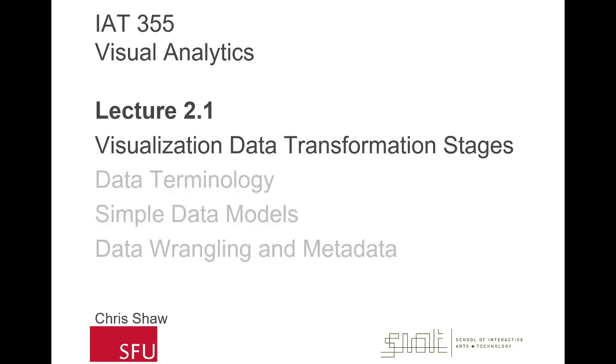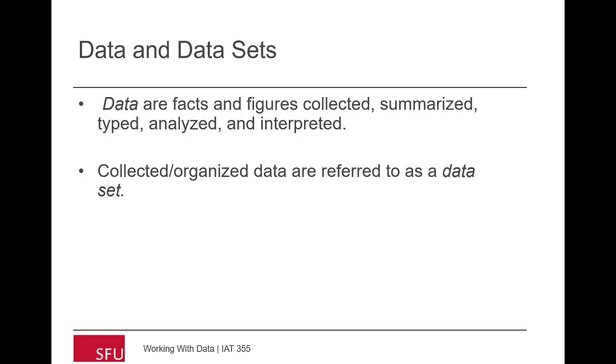So let's get started on part 2.1, which is visualization data transformation stages. Now that's a big old mouthful, and part of the reason for that is the job of understanding the collection of data that you've got in terms of what it means and how it is formulated is an important first stage to doing visualizations.